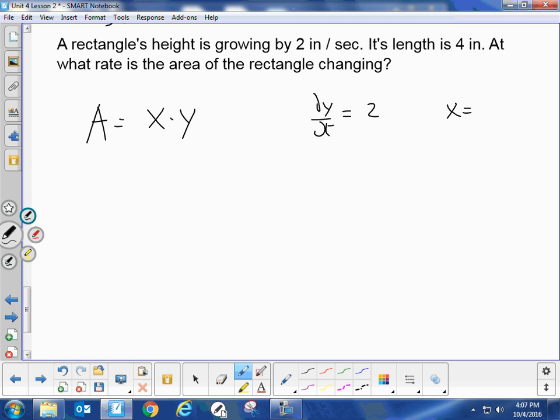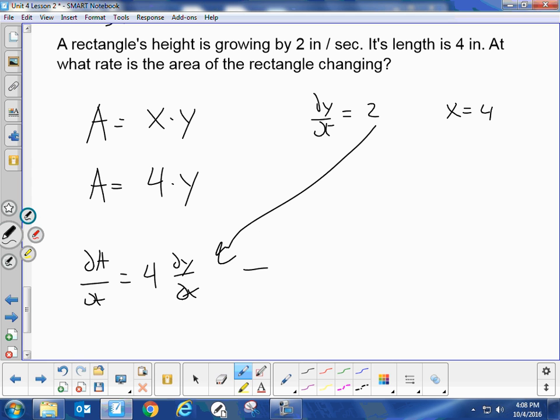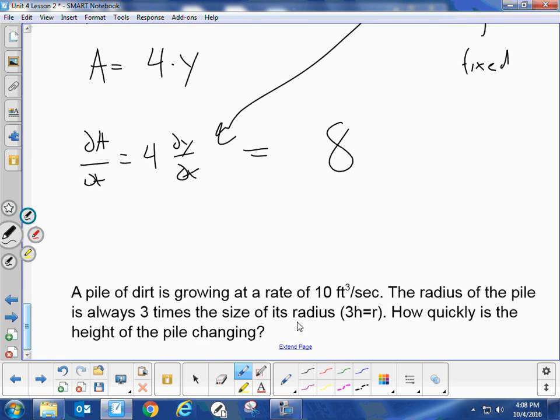Its length, we'll say x, is 4 inches. So its length's always 4 inches. At what rate is the area of the rectangle changing? Well, I can just say that this is that, and then if I took the derivative, plug in 2, I get 8. Okay, so this is fixed. Its length is always 4 inches. It's not changing. It's just height is growing. Okay, so I could plug in fixed values to simplify things.